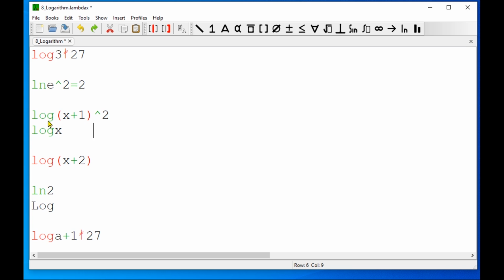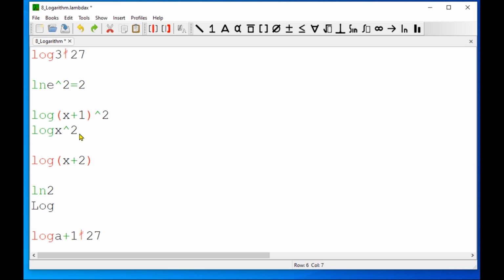The last thing to point out is that we need to pay attention to nested expressions. That is, if I want to say logarithm of x squared, the power is to be inserted after x.